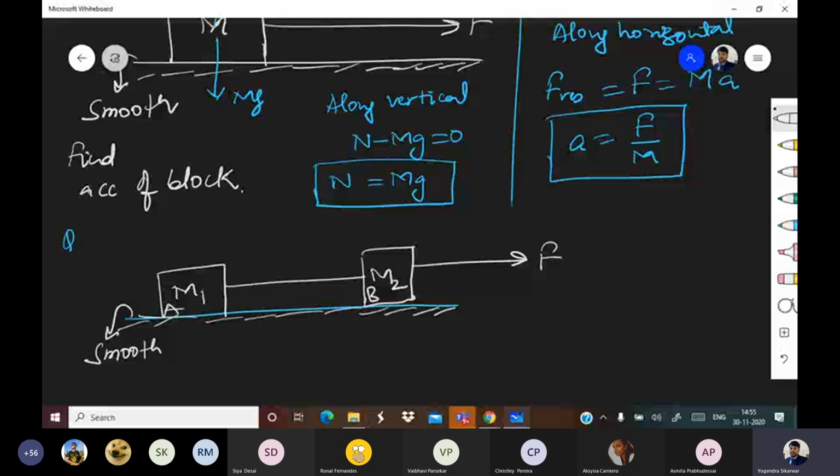So the question says, find AA, AB and tension in string. Please find.